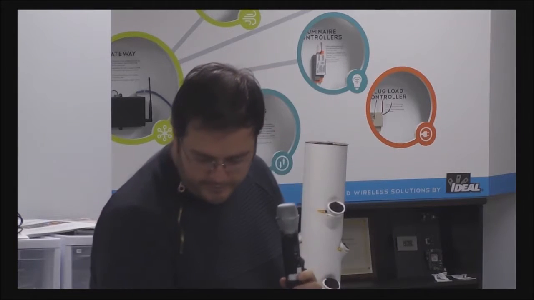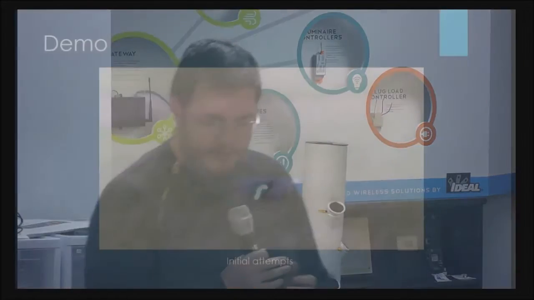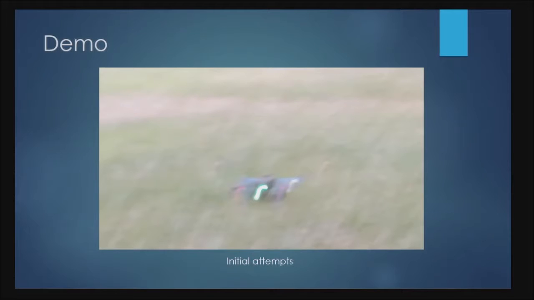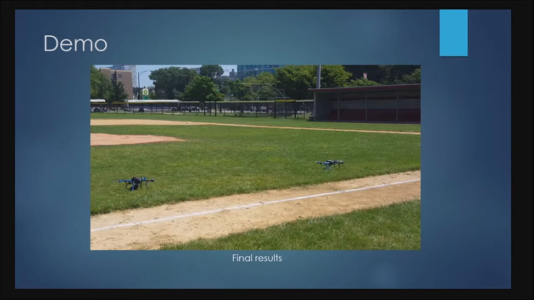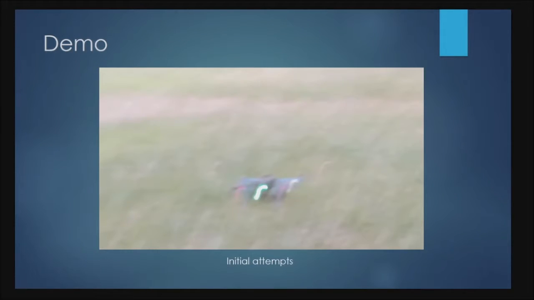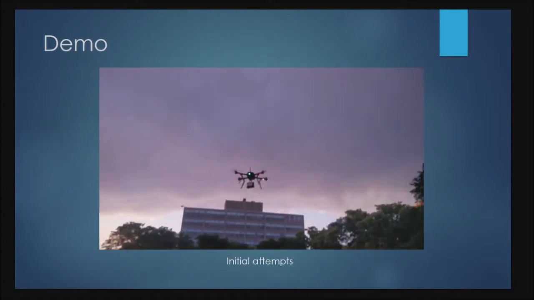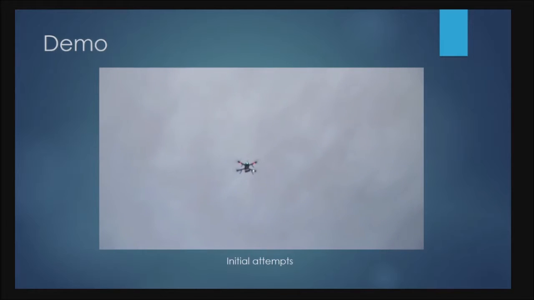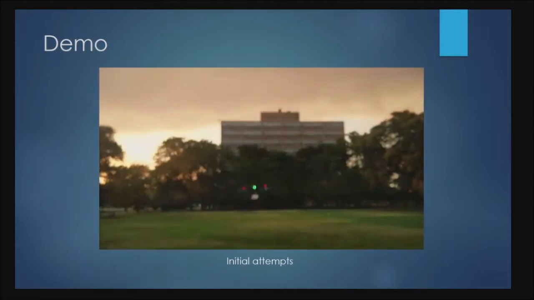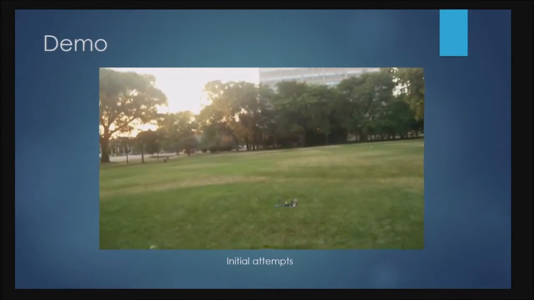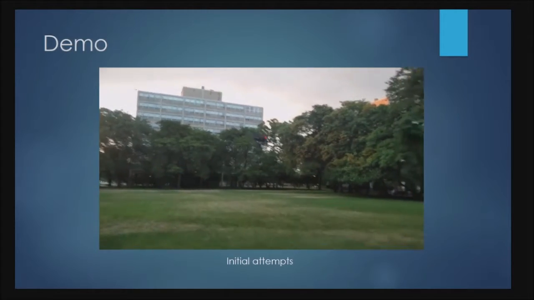Oh, actually, before that, let's show you some of the issues that we had while working. Of course, I cannot demonstrate the whole system inside here because apparently this room is too small. So some of the issues that we had with the drones themselves initially was that the drones were, of course, having some issues with balancing, and we had problems such as this happening, or such as this.